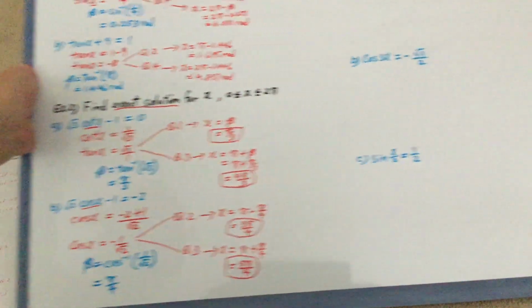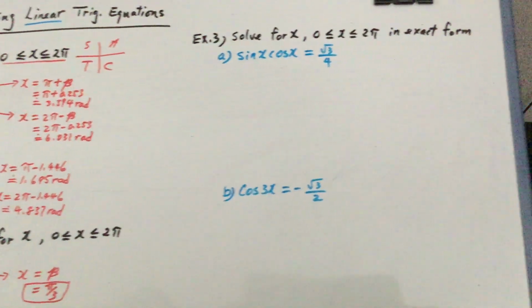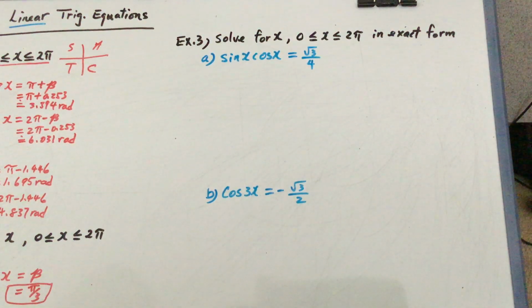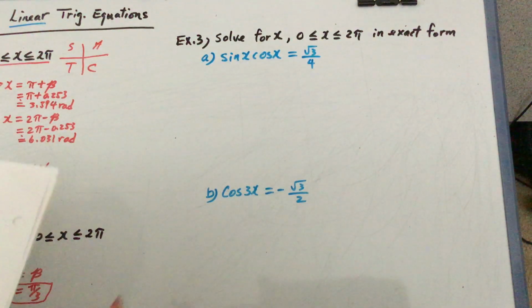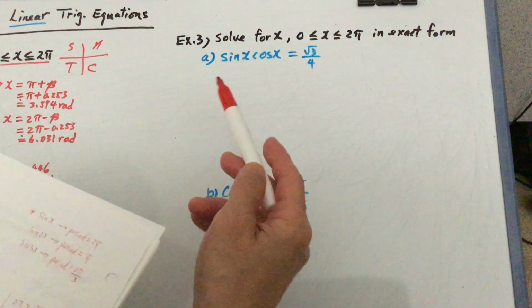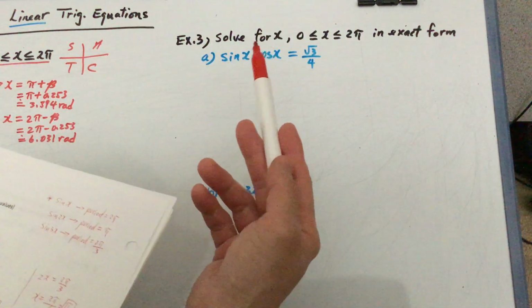Now, quickly look at example number 3. We're doing the same thing, but now with a mixture of sine and cosine. When you have more than one, you also have to think about other strategies, such as turning it into a double angle or compound angles.